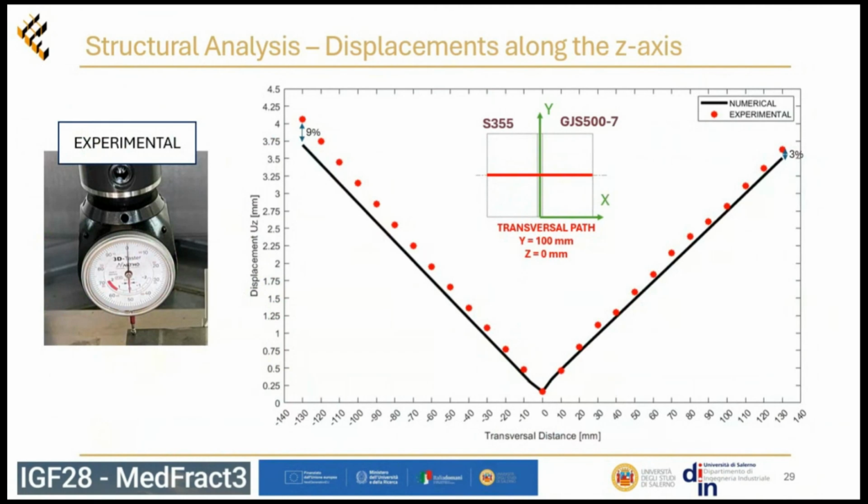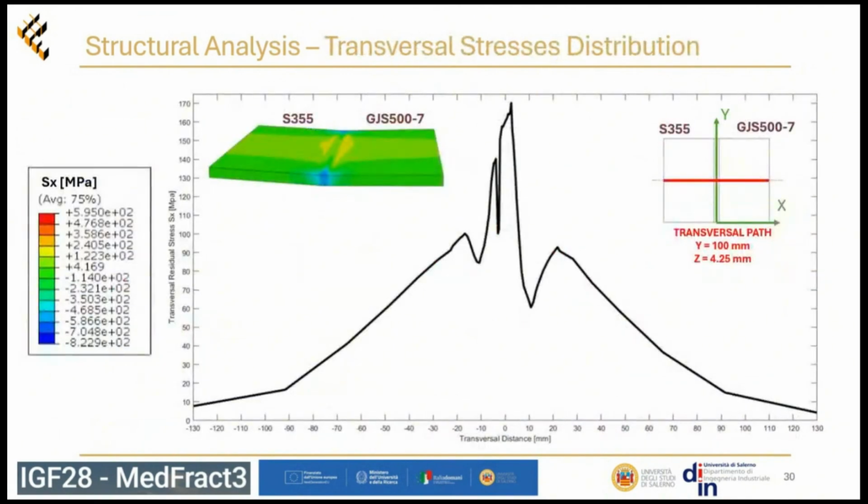We measured it experimentally using a CNC machine, and as we can see our model had an error of 9% at the side of steel and an error of only 3% at the side of cast iron.